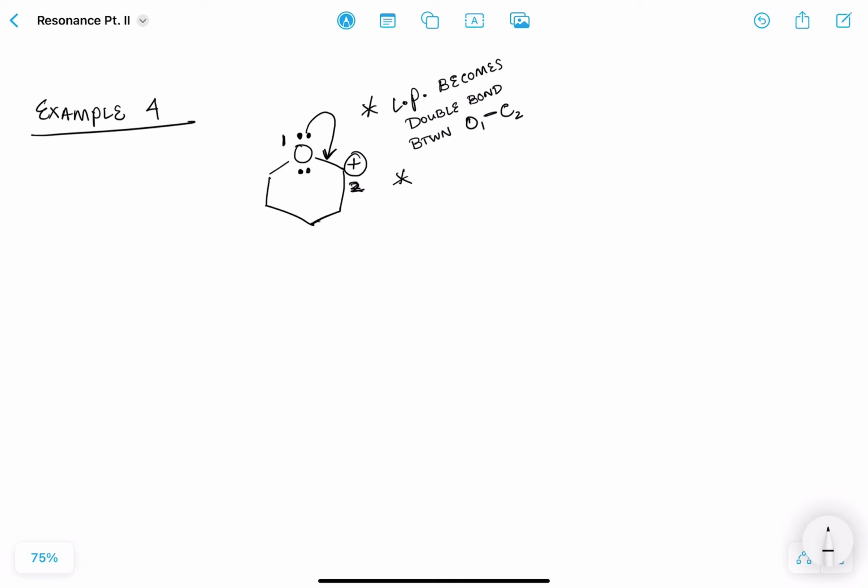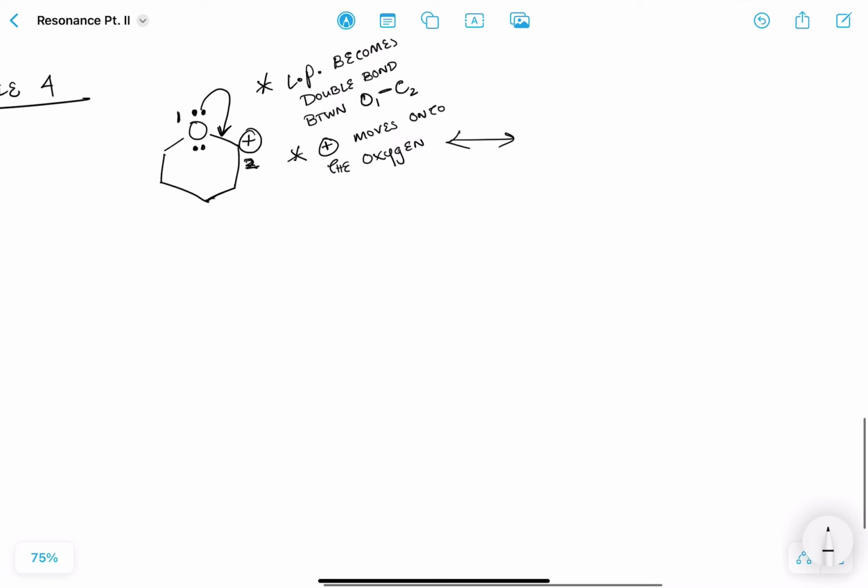Okay, and then we said things happen in pairs. The positive charge moves onto the oxygen. Again, we don't draw an arrow from the positive charge. Why? Because we can't draw an arrow from the absence of something.